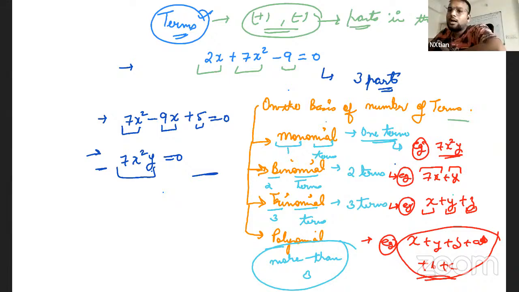So I'll ask you one thing. Joshua, can you move a pencil? Okay, so you can move a pencil very easily. But can you move a big almirah? If you're saying yes, then you are Superman.